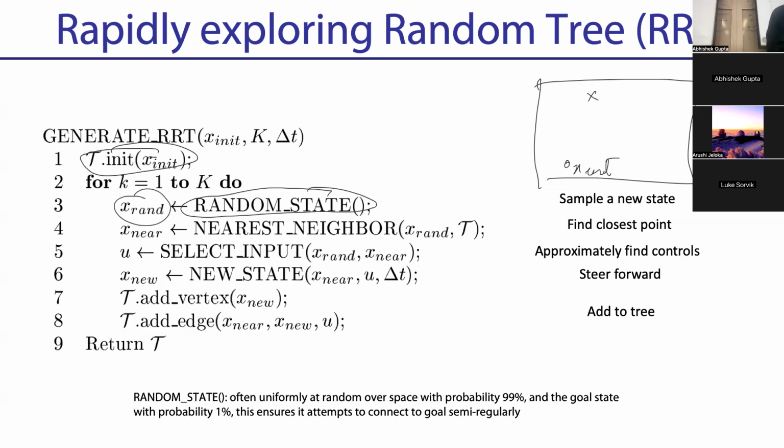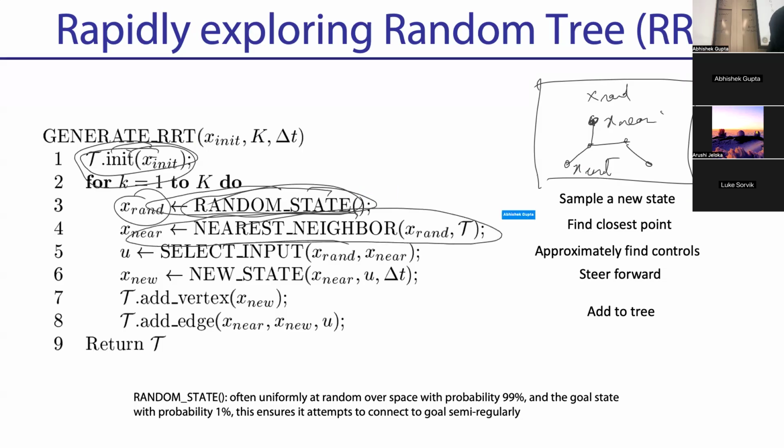And then let's say you had some tree built up so far. You're going to find the nearest neighbor in your tree to that point X rand, which is going to be X near. So you start with a tree with only the initial node, you sample a random state, and you find the nearest neighbor in the tree thus far.